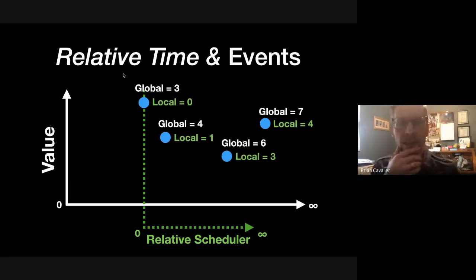Then the time with respect to the relative scheduler can start at 0. And so every box in the graph can have its own local view of time that always starts at 0. And there can still be a global clock, if you will, that also starts at 0 when your program starts.